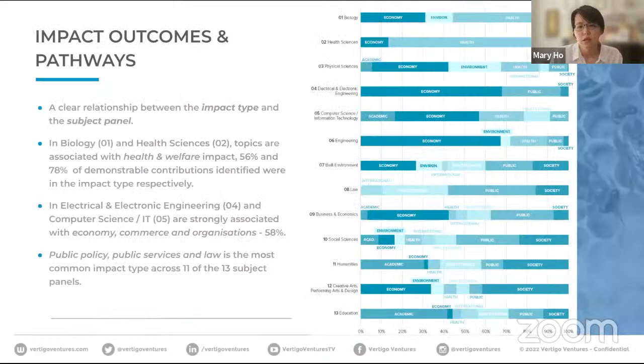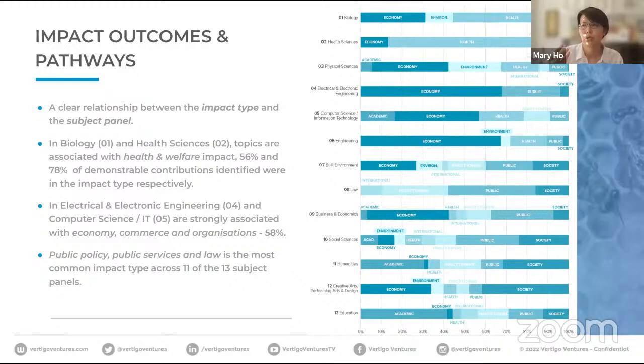So on the right is the overall results of our analysis, looking at, of course, the impact outcomes and pathways across all 13 subject panels. And each bar basically illustrates the percentage of demonstrable contributions identified within an impact type by the given subject panel.